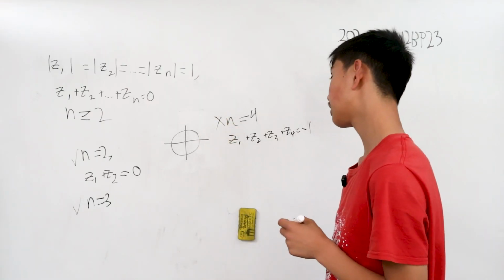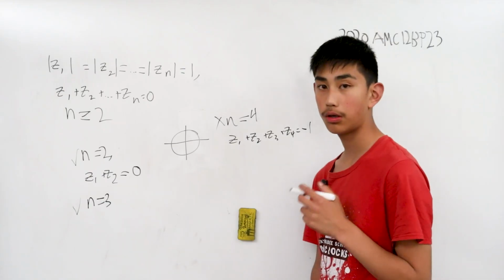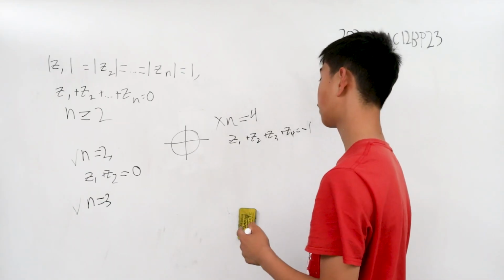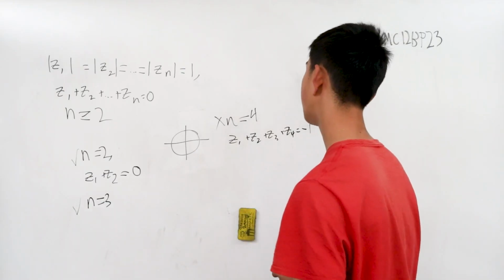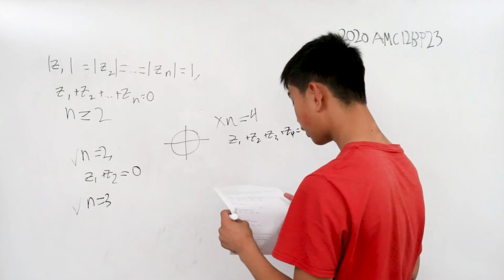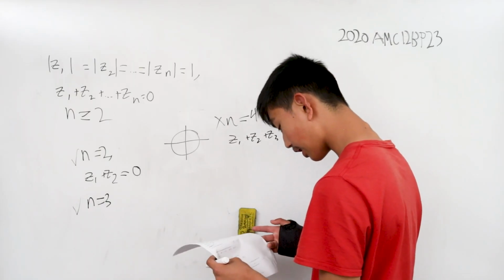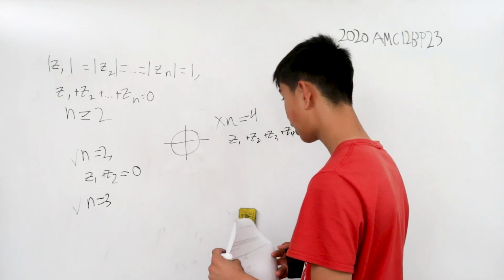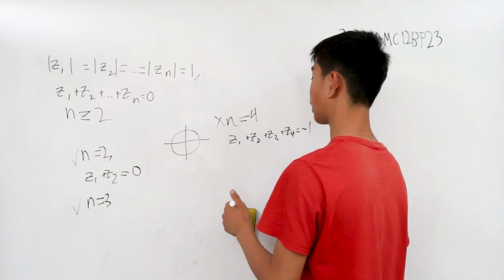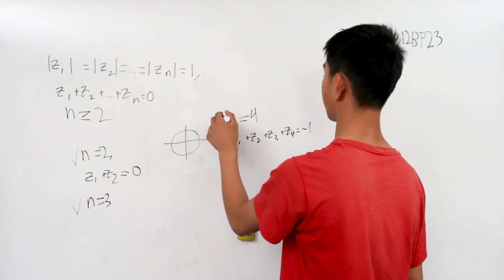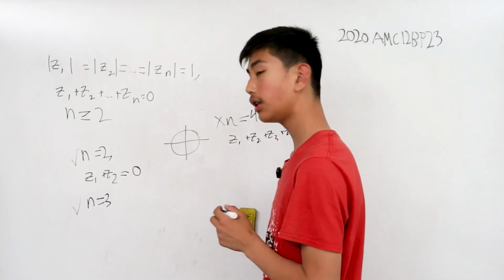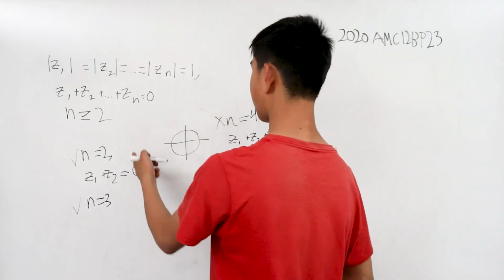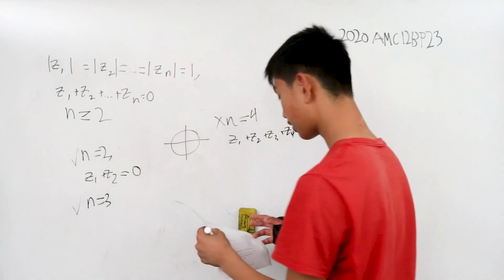A way to visualize this is that there's no way to place 4 roots on a complex plane such that they're all equally spaced out and opposite to each other, and they cancel out. So 4 does not work. So the only 2 working values we'd have are n equals 2 and n equals 3.